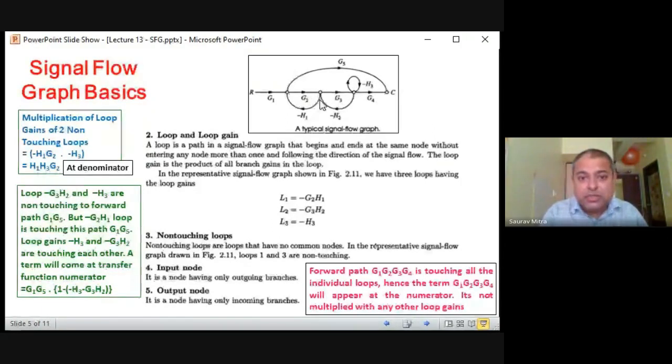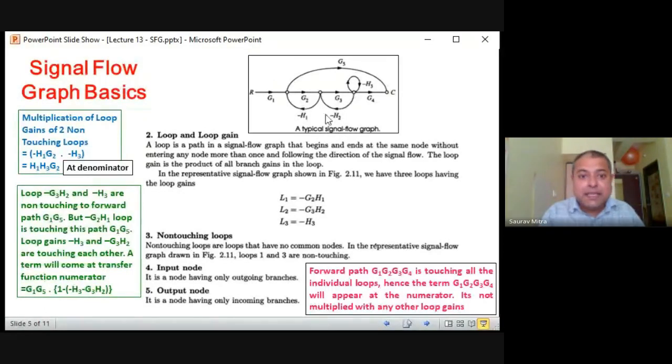Don't see this part, don't see this feedback path, only see the nodes. If two loops have a common node, then we call them touching. So this loop is only for this node, and this loop minus G2H1 has these two nodes. Is there a common node between this H3 and G2H1? No, there is nothing common. Hence this H3 loop and G2H1 loop are called non-touching loops.